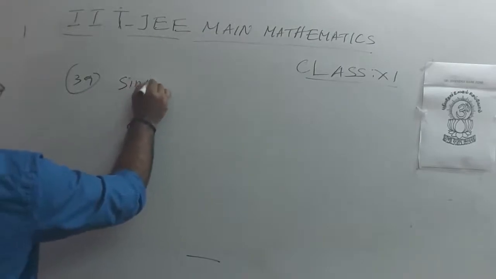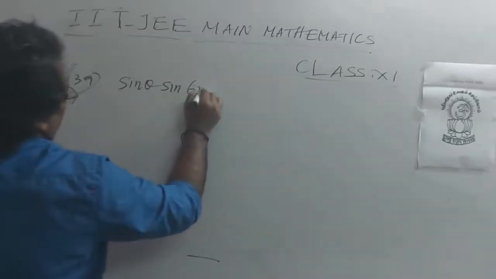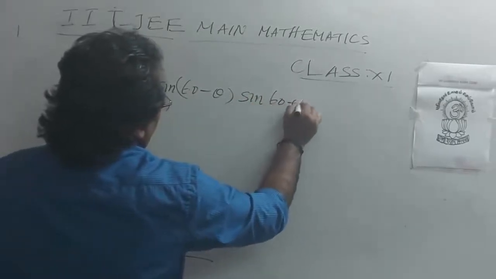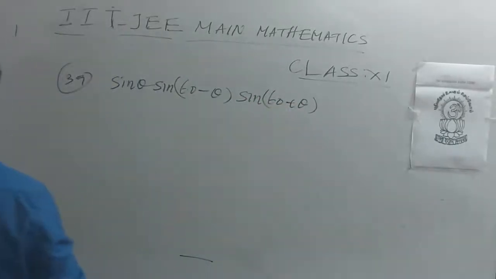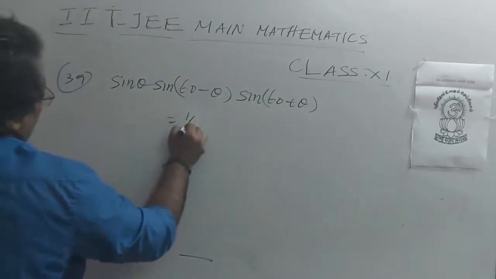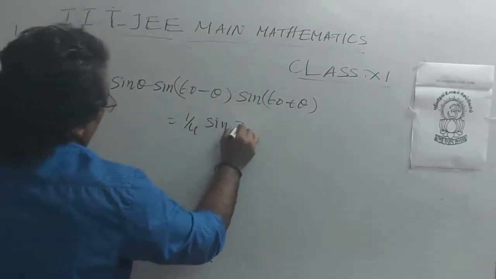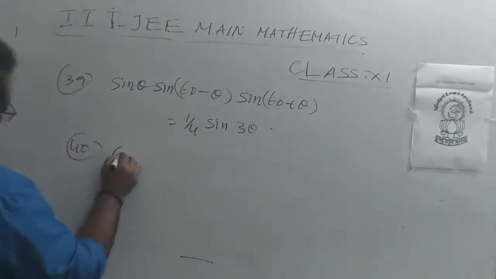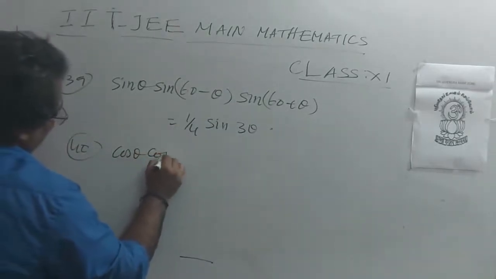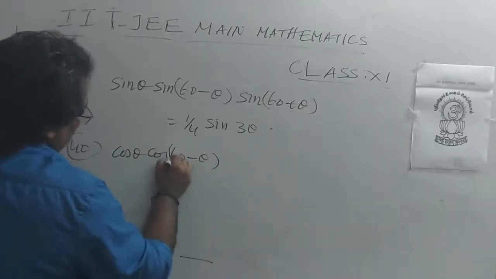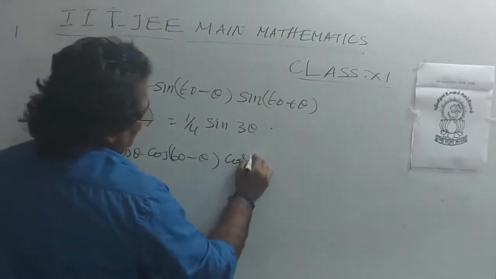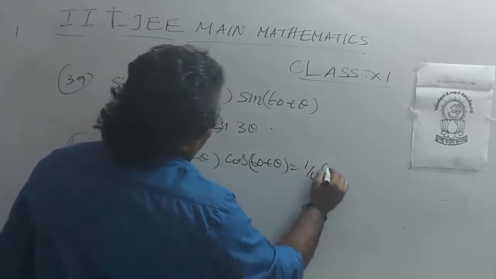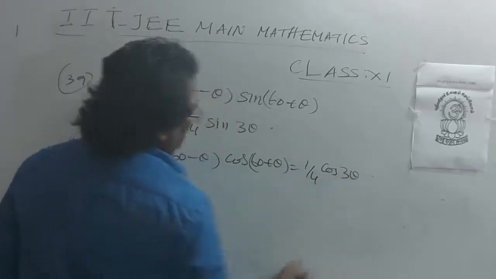Sin theta, sin 60 minus theta, sin 60 plus theta equal to 1 by 4 sin 3 theta. Cos theta, cos 60 minus theta, cos 60 plus theta equal to 1 by 4 cos 3 theta.